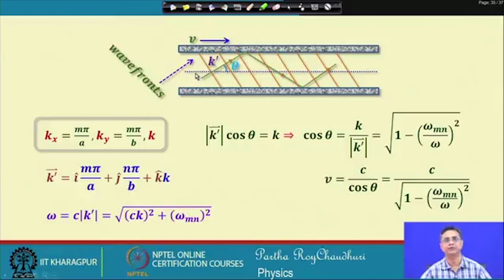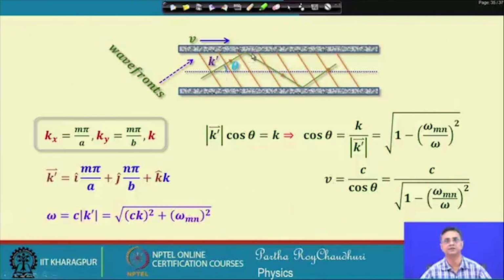So, the z component of the wave gives you the travelling of the wave along this direction, with the velocity v, and this k dash, the propagation constant, will come from here.